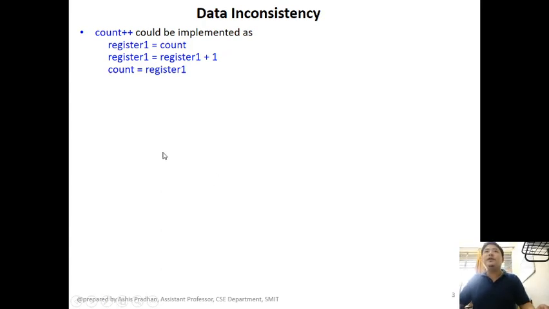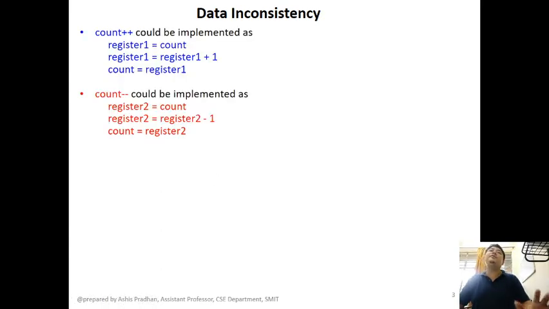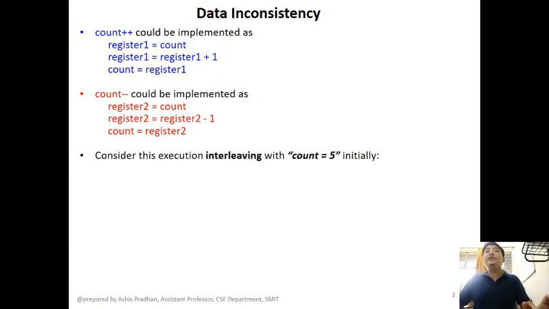Say, for example, the CPU is trying to update the value of count through both functions, maybe by executing C plus plus or C minus minus. The actual code during execution is these 3 statements and the next 3 statements.